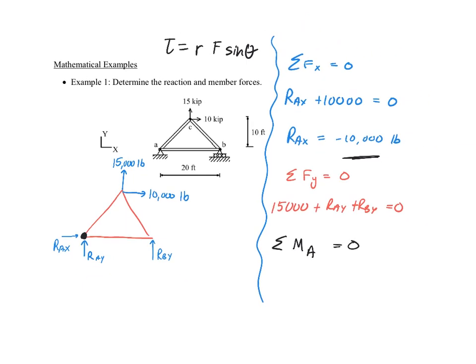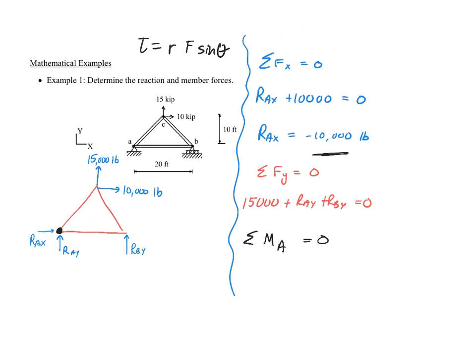When we sum the moments, or torques really, we have R F sine theta, so 20 feet times RBY. That's the torque generated about location A because of RBY. Again, it's really sine 90, but I'm not going to put that there.